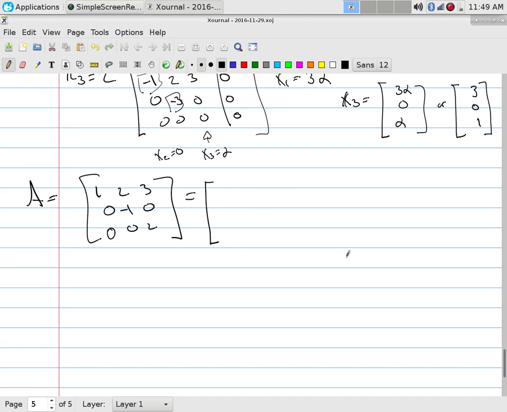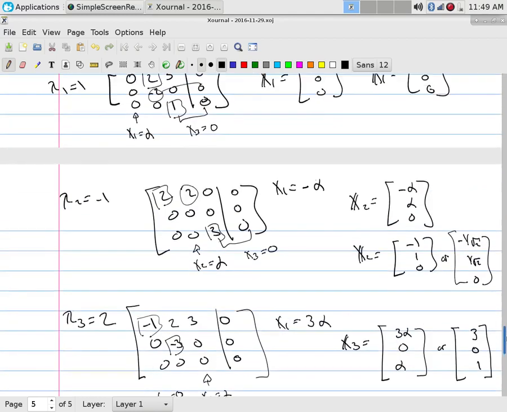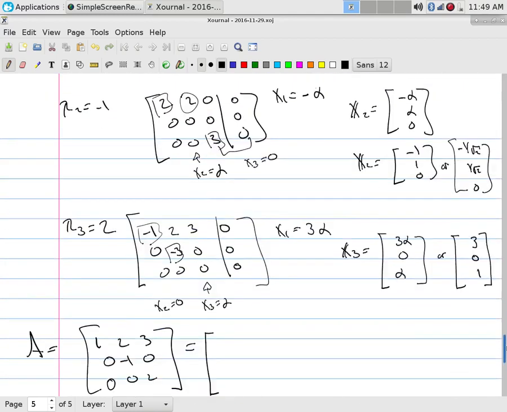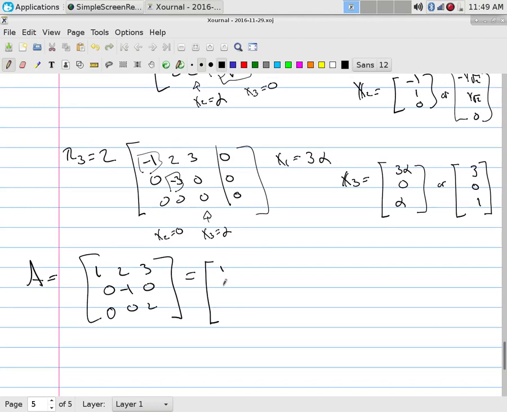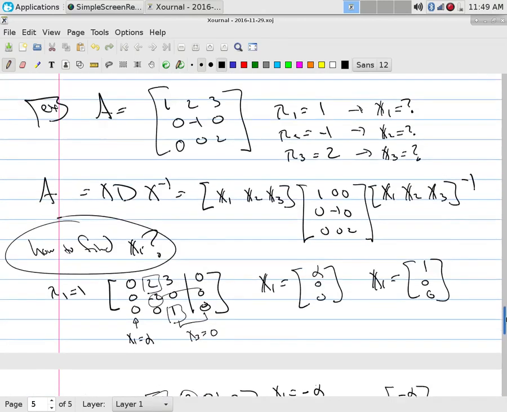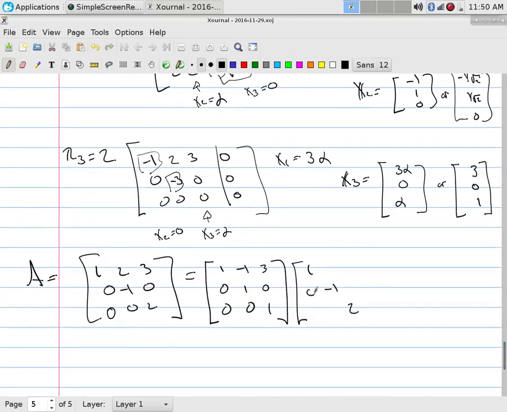X was 1, 0, 0, negative 1, 1, 0, and 3, 0, 1 times, was it 1, negative 1, 2, 0, 0, 0, 0, 0, 0.